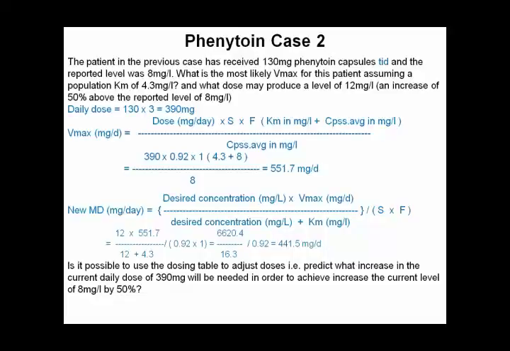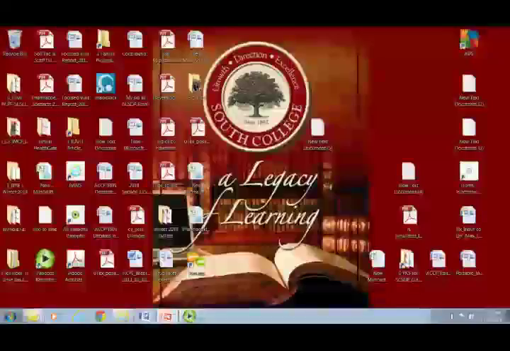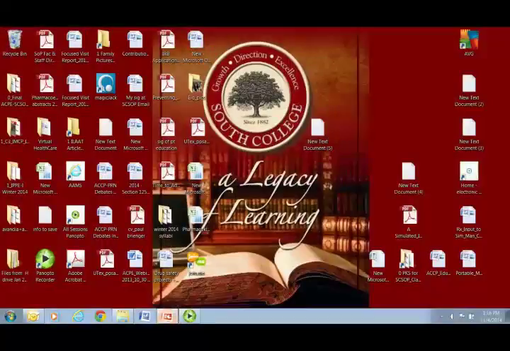Now we want a level of 12, so we want to increase the level by 50%. Let me open this table here.